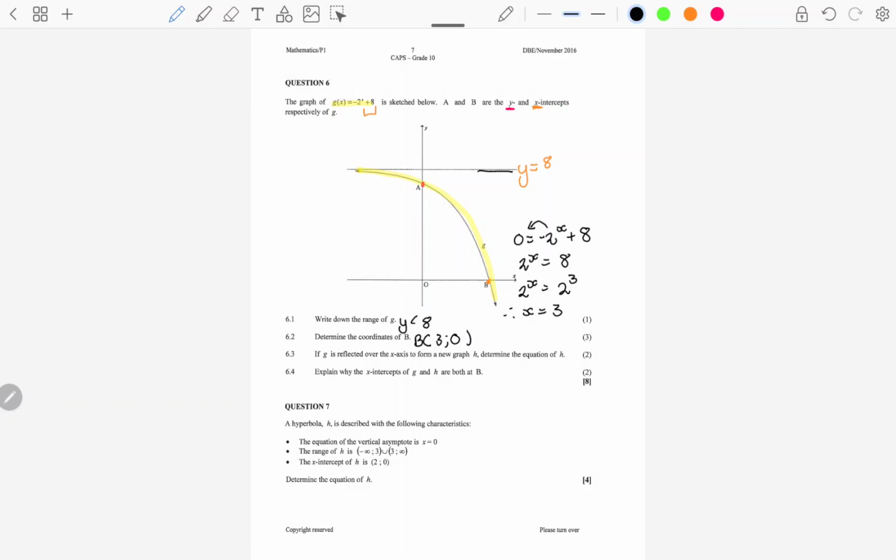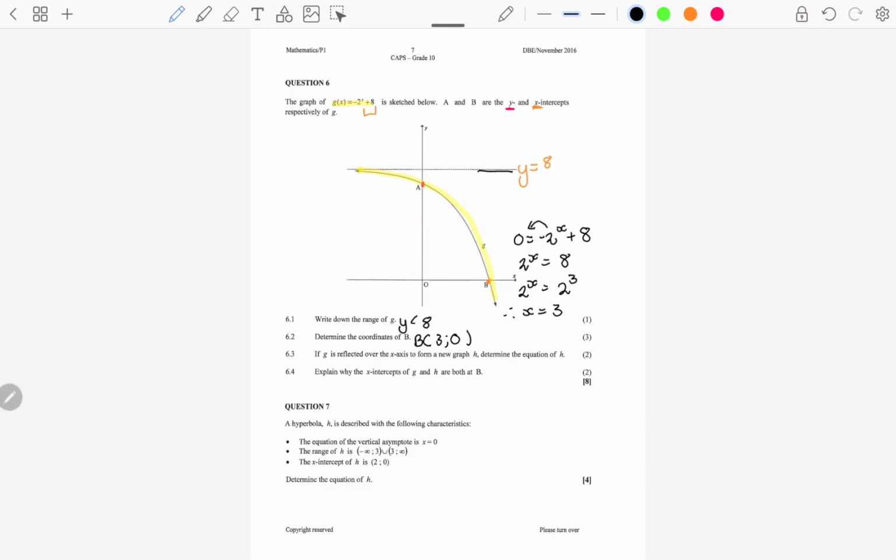Now 6.3 is saying if g is reflected over the x-axis to form a new graph h, they want us to determine the equation of h. So basically what they mean, h is the reflection of g. So if we have to flip g over the asymptote, like we're folding a piece of paper, what would that graph be?